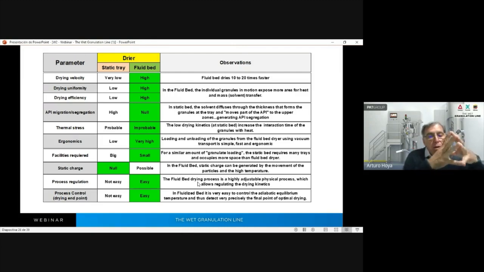The endpoint is not easy to determine in the static tray, and it's very easy and very fast to detect the drying endpoint when we use a fluid bed. In the fluidized bed, it's very easy to control the adiabatic equilibrium temperature and thus detect very precisely the final point of optimal drying. I will show you a case study.